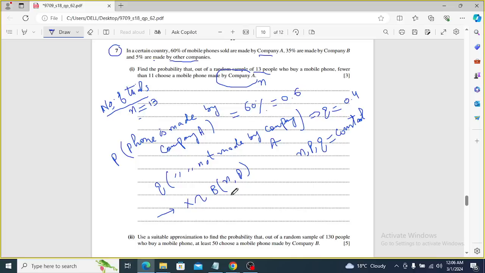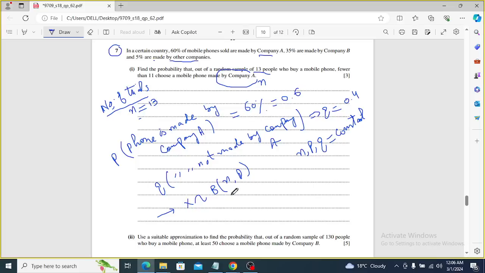So I have the information that my x is distributed binomially, and n, the number of trials, is 13. So my n is 13 and my probability is 0.6.